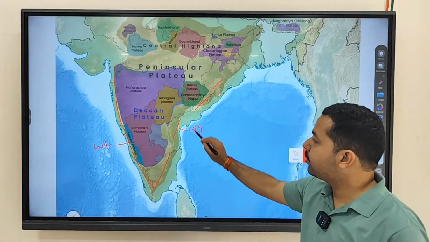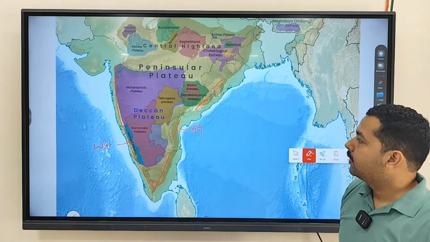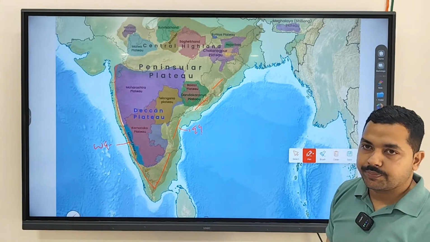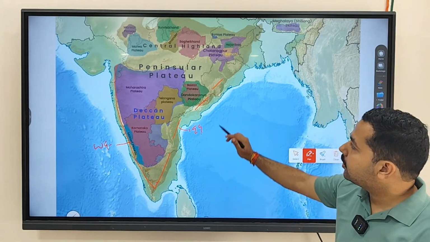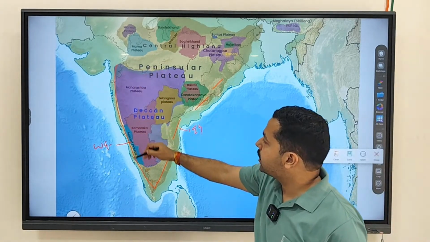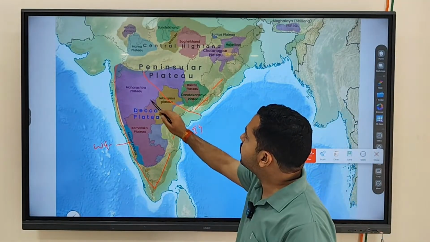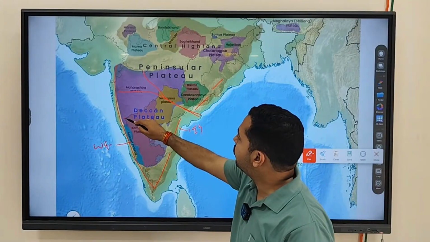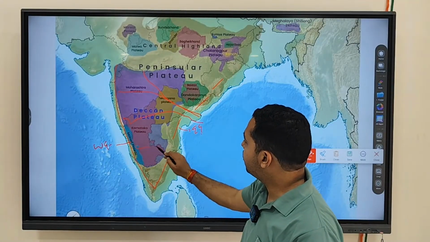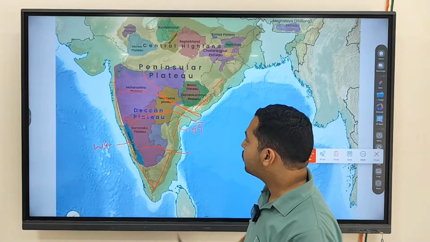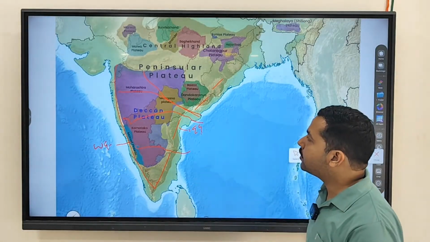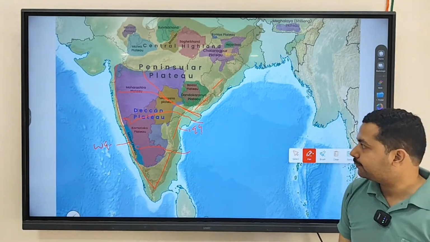The first thing you find is that the Western Ghat is a continuous chain while the Eastern Ghat is a broken one. This broken nature allows rivers to flow, like here Godavari flows, here Krishna flows, here Kaveri flows. Clear?